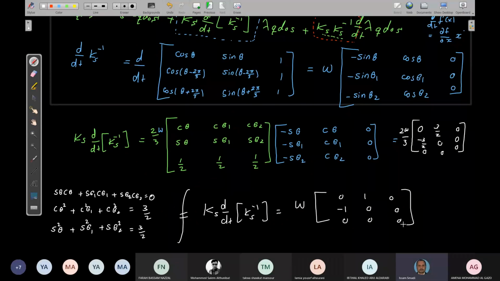So now I'm ready to write the voltage equation in the QD reference frame. So let's write the voltage equation in the QD0 arbitrary reference frame.